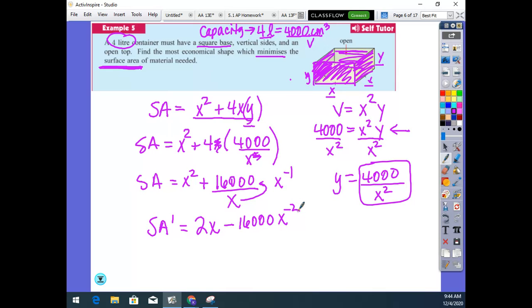All right, so now what we're going to do is set this equal to 0 so I can maximize, or I guess minimize in this case. I want to find the minimum value. That's where your derivative equals 0. You know what, let's put that x back in the denominator here.